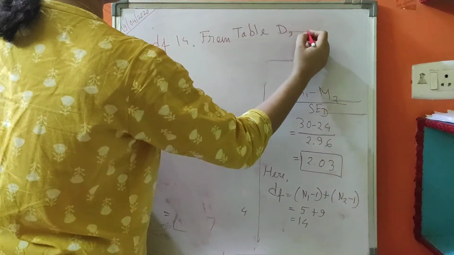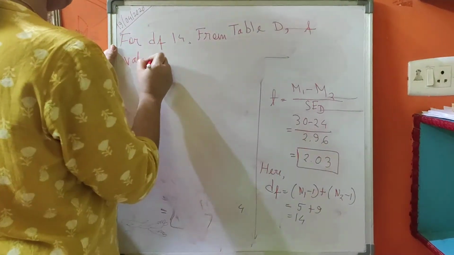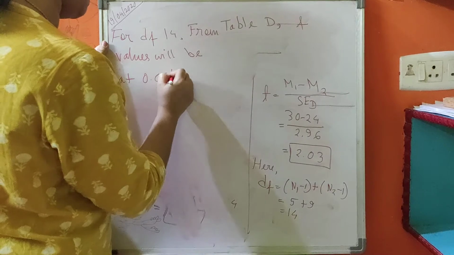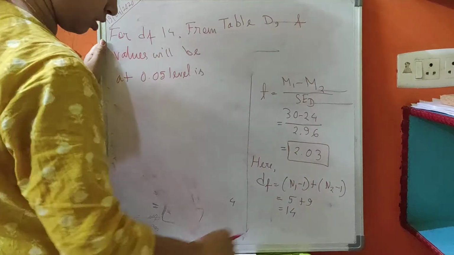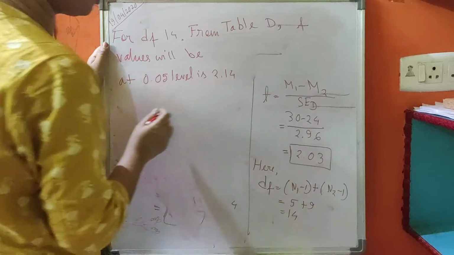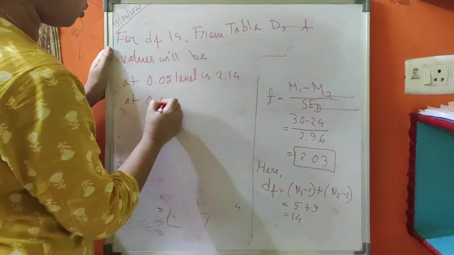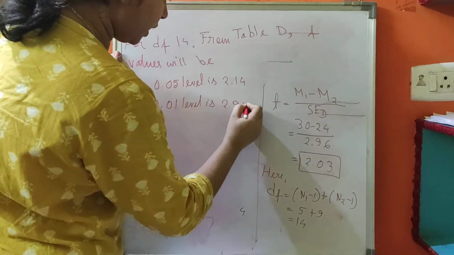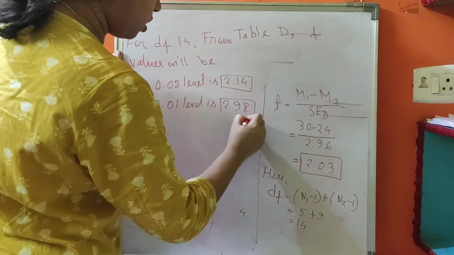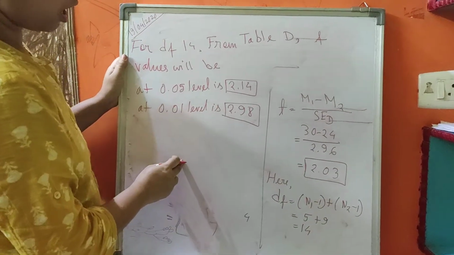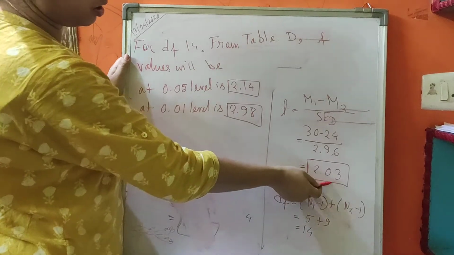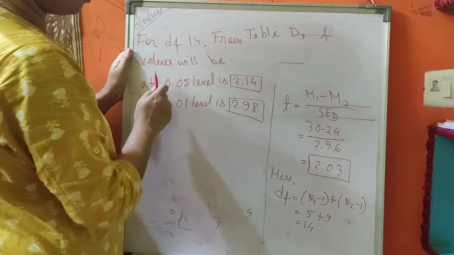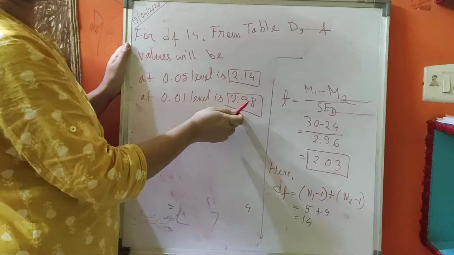The t value at the 0.05 level, as you can check in the table, is 2.14, and at the 0.01 level it is 2.98. Now you can compare: our obtained t value, which is 2.03, our calculated t value, is smaller than the table values, 2.14 and 2.98.